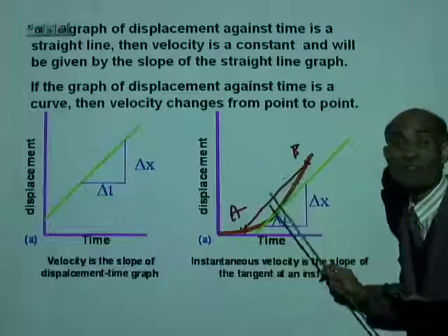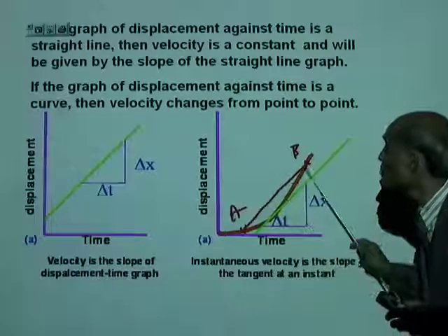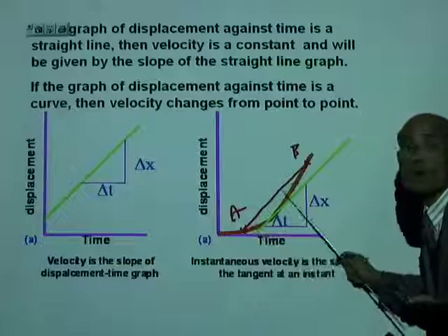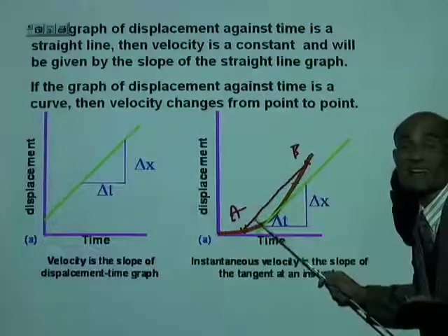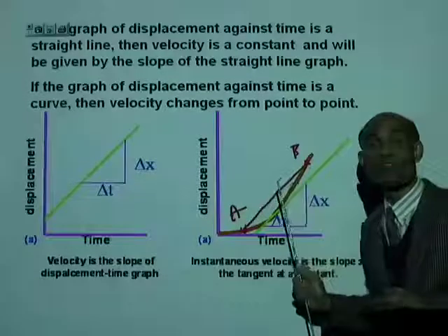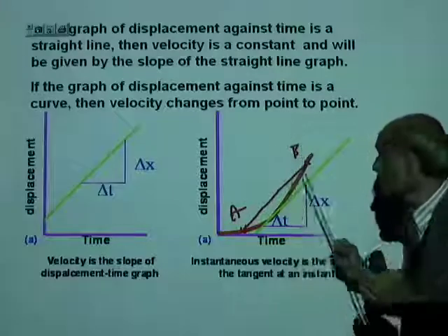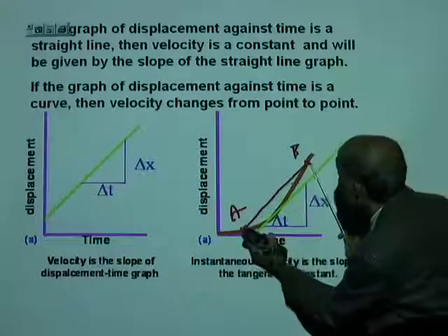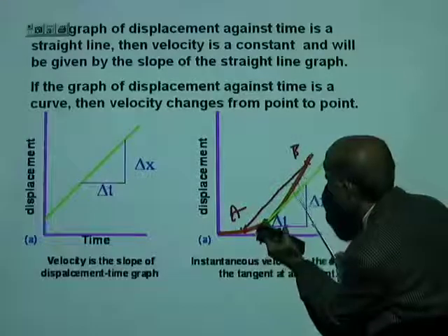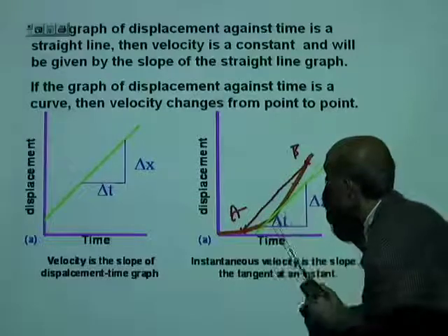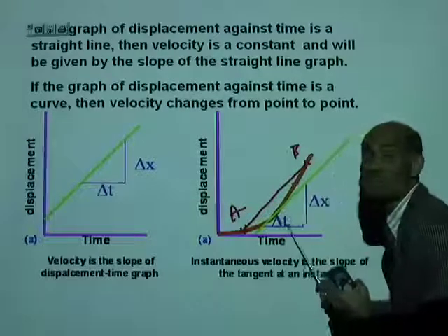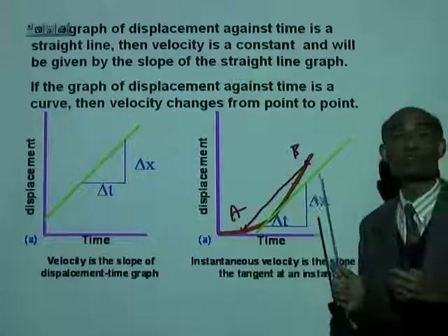The average velocity between these 2 points will be the slope of the secant line. And in order to define the instantaneous velocity, what do we do? Bring points A and B closer and closer so that this delta t is very close to 0.